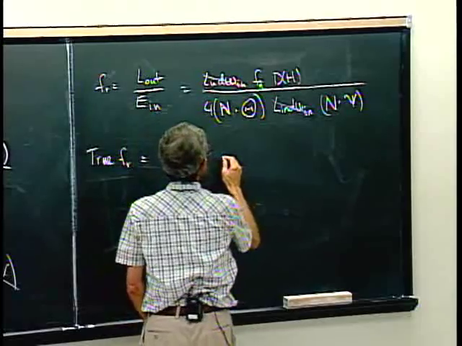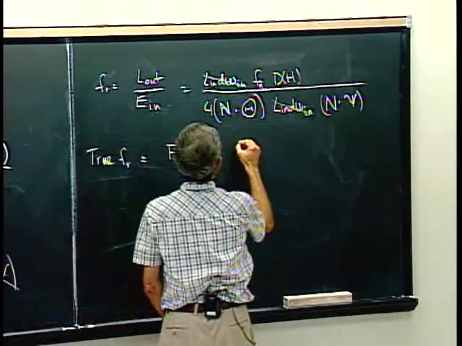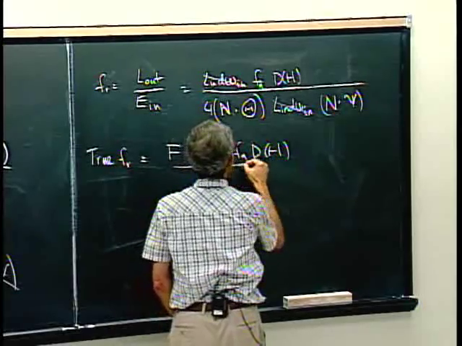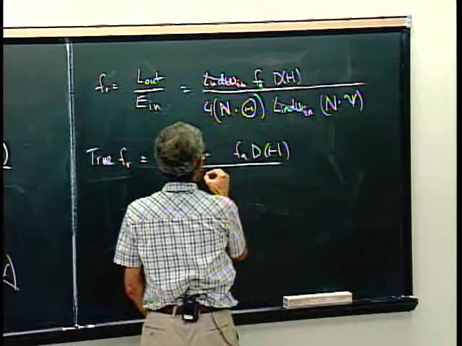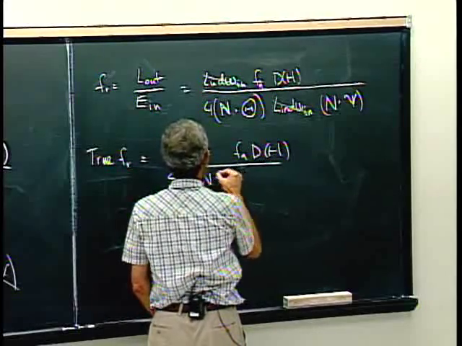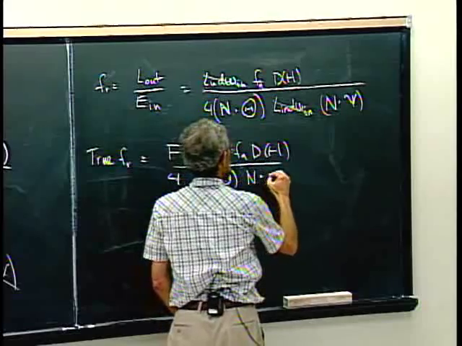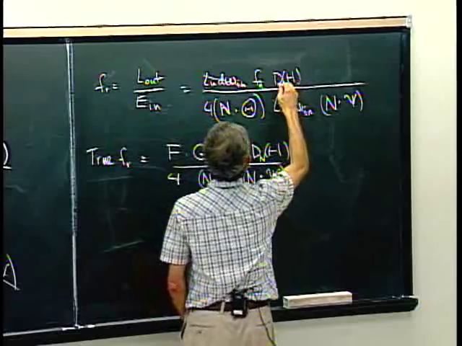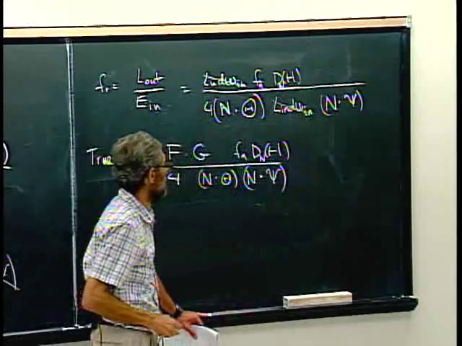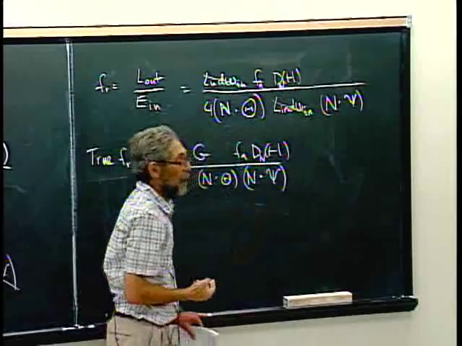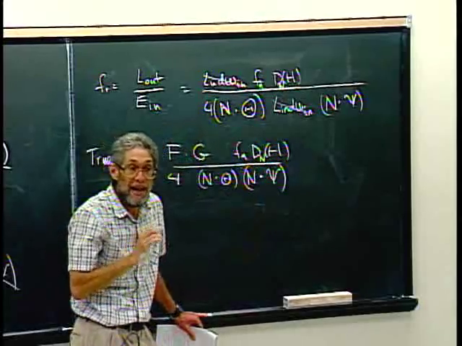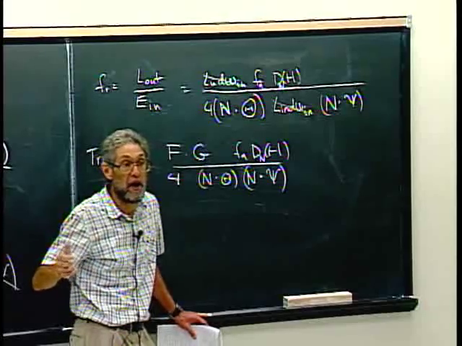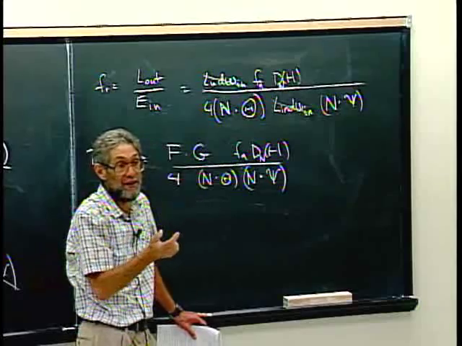And then I have this FA density of H over 4 n dot theta n dot psi. And all of these D's are number density. If you multiply the number density by the area of each, you sort of get an area density of microfacets interpreted per area of the surface. What's the area of the microfacets, not their count?